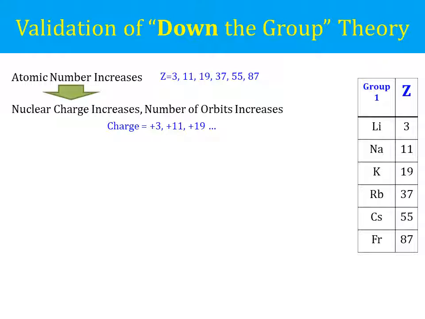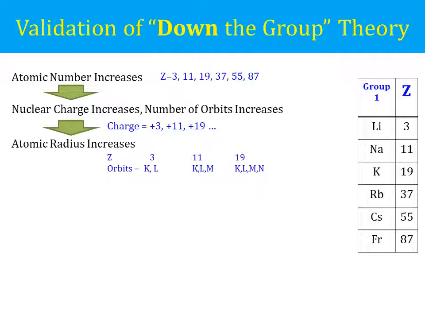Down the group, nuclear charge is related to the number of protons. If the atomic number increases, the number of protons also increases, and with the increase in protons, the positive charge within the nucleus increases. So the nuclear charge increases, and atomic radius increases.